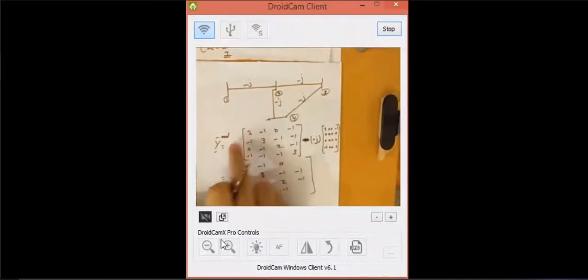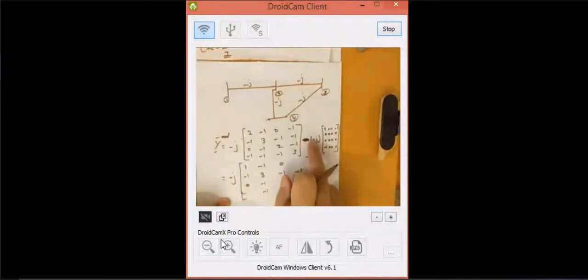So 1 1 will be minus 2 minus minus 1, which is plus 1, so it is equal to minus 1. Here we have a plus 1 and a minus 1, then it will be 0. Here we have a plus 1 and a minus 1, then it will be equal to 0. Here we have minus 3 plus 1, then it will be minus 2.